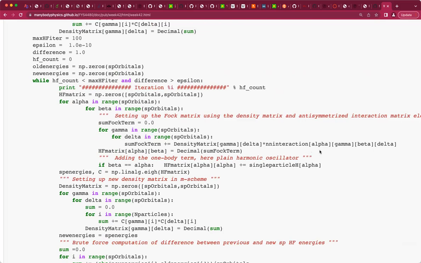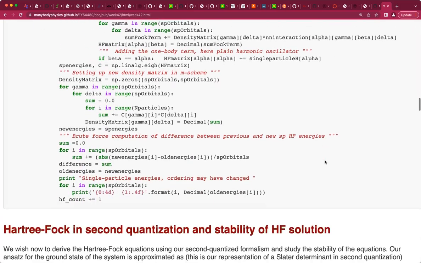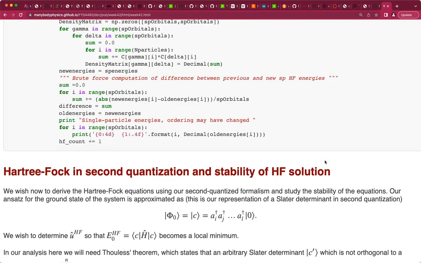And then you need to have a label which refers to these single particle states, a label which picks the right matrix elements. And that should be it. And then you can compare that to the diagonalization when you do just the one particle, one hole, and see how they compare.